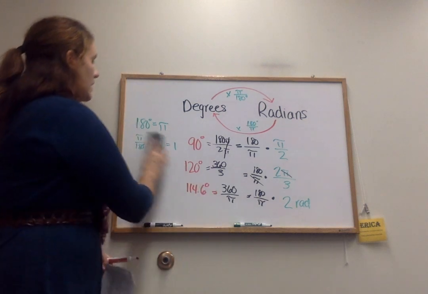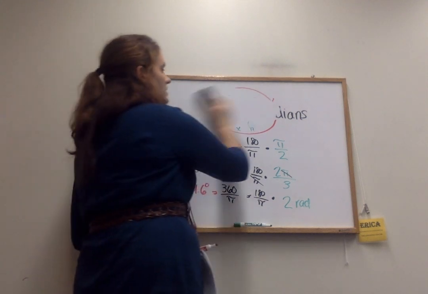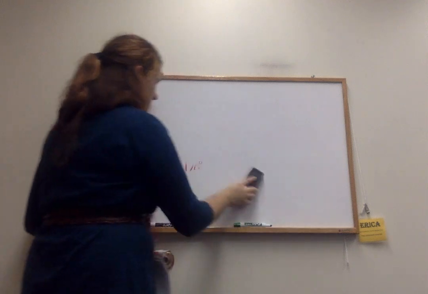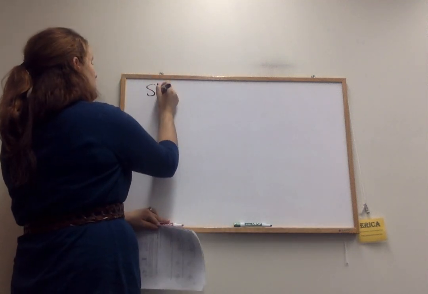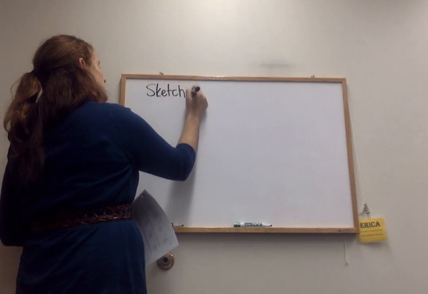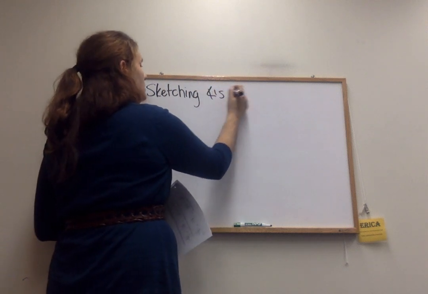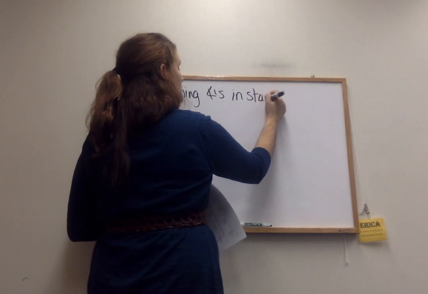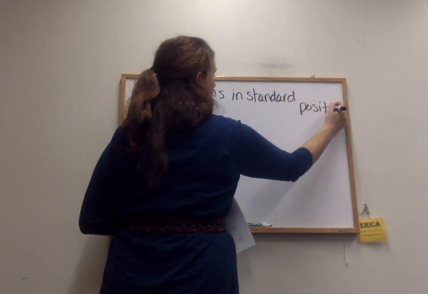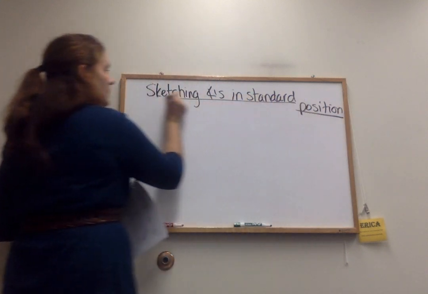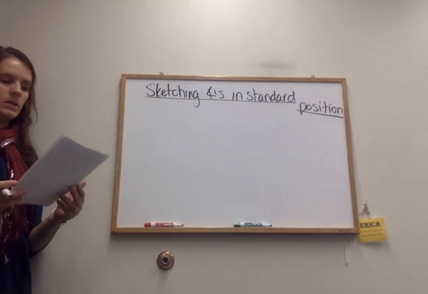Now we're going to take a look at how to actually draw these angles. We're sketching them. So, sketching angles in standard position is what we're going to take a look at now.